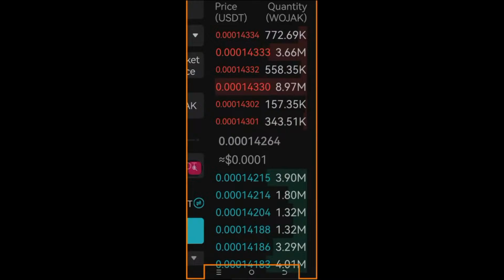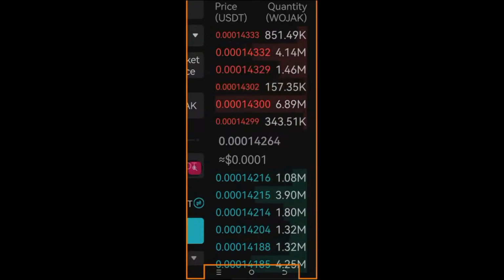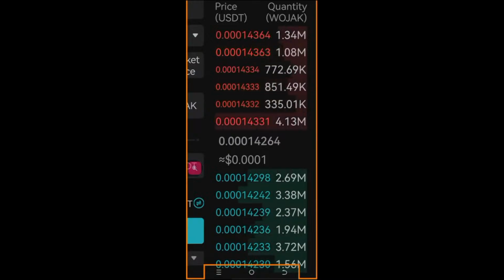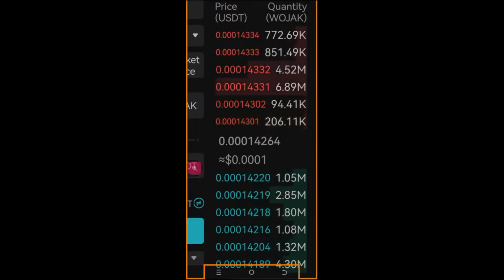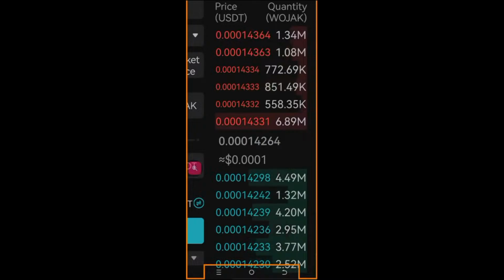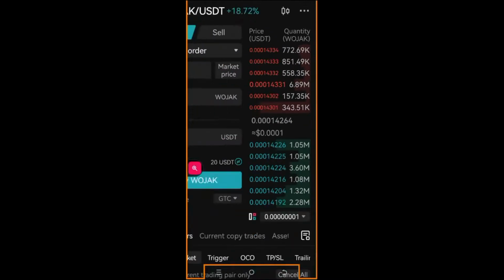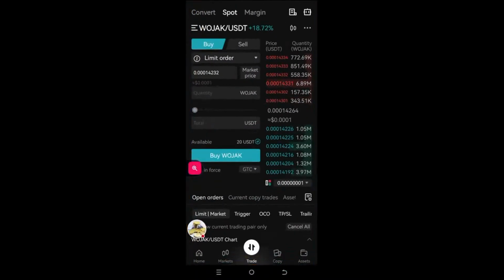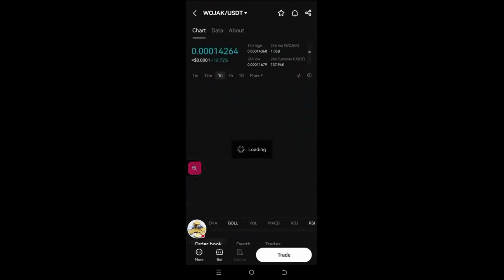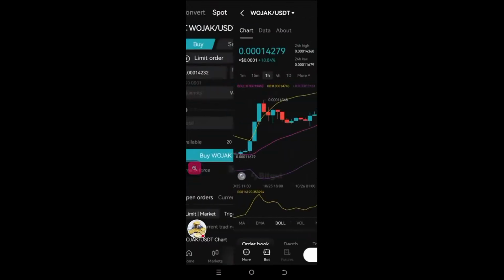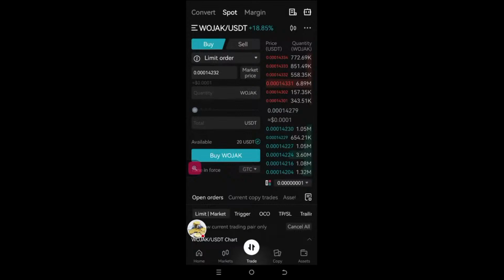For us to buy this, we have to buy it at 14302, 14301. Wow, look at it. That's the only way we can get it bought. It's expensive right now, but that's the only way.